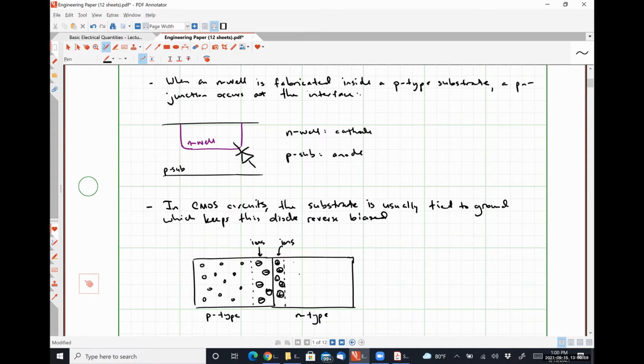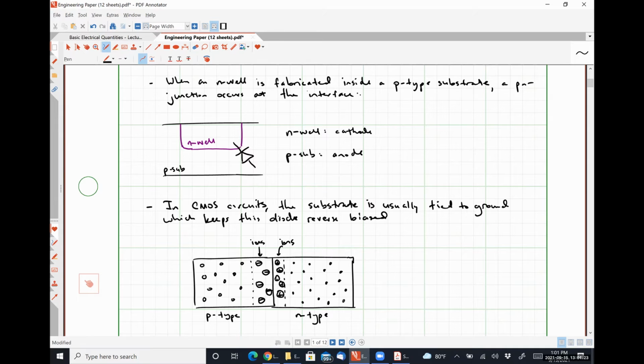And then deep into the N-type region, we have an abundance of electrons, which are going to be these little black dots, right?